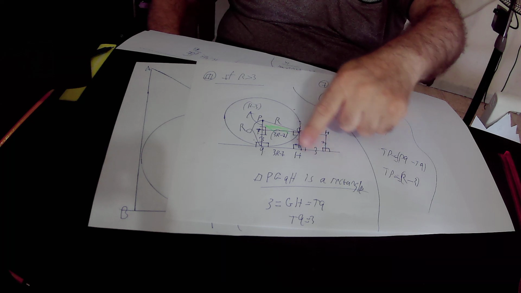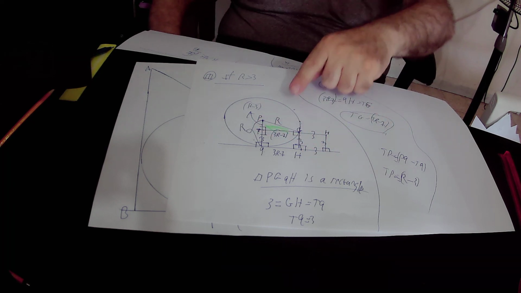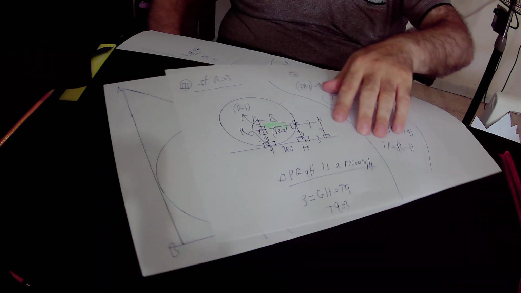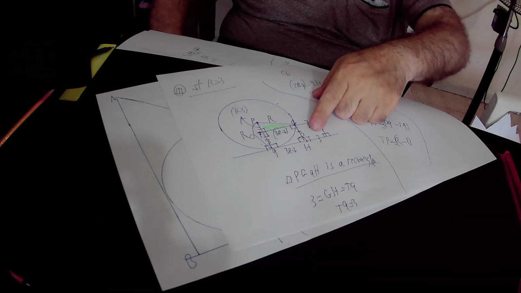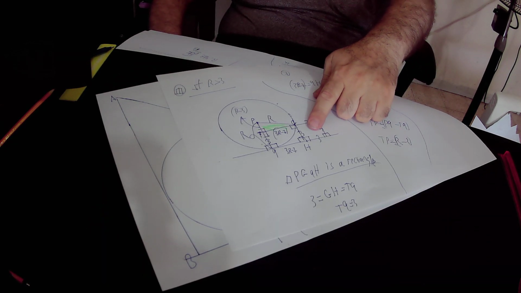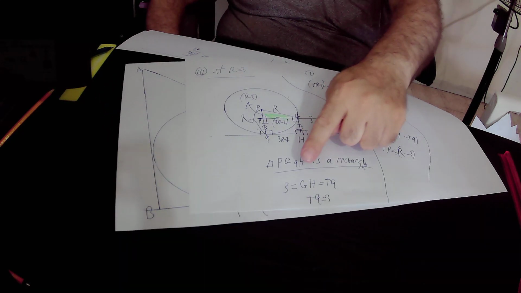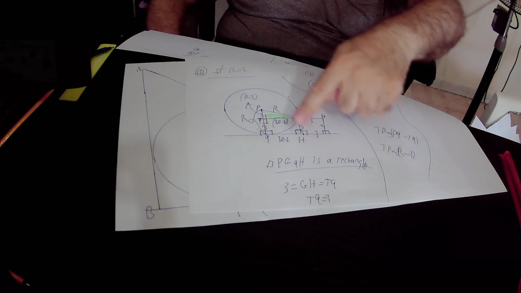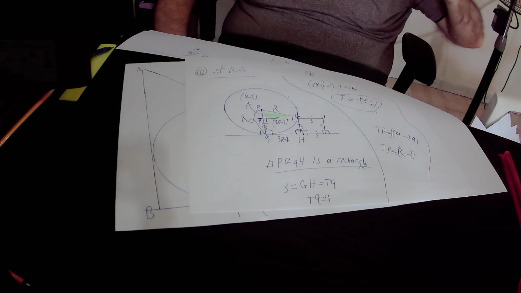Actually, GH equals 3 because it is one side of a square that is equal to 3 units. And from this equation, 3 equals GH equals TQ, we will derive that TQ is also equal to 3 units.